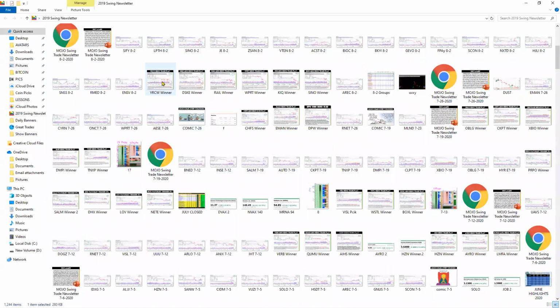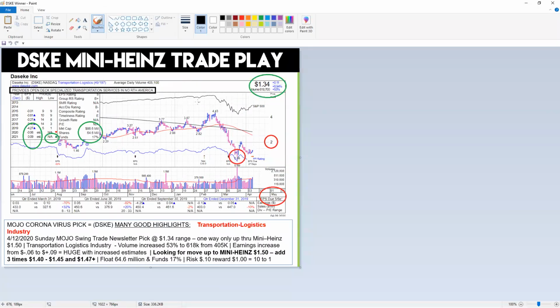That pattern, let's see if that pattern holds. So here's a couple more winners. You have DSKE. Let's see if this pattern holds. Black box. So you have a low down here, 86. So it can fall from $1.34 to 86, but we wanted to go test 2. You have increased earnings estimates going from a loss of 4 cents to a loss of 6 cents to a loss of 9.